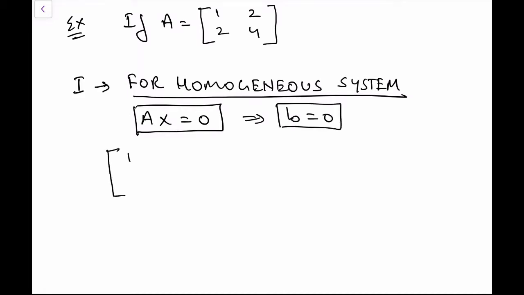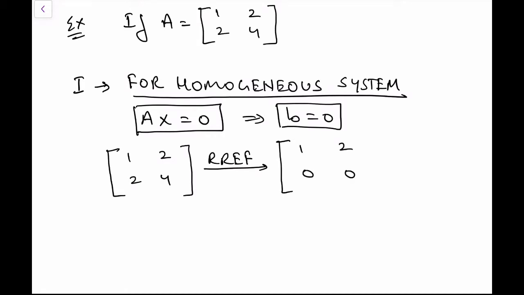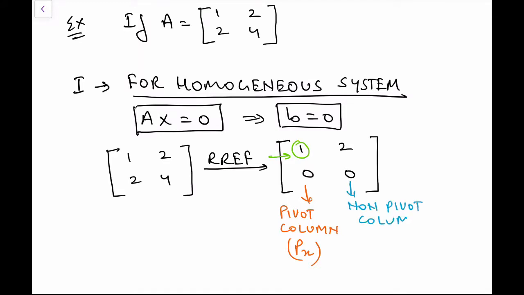So the matrix A in RREF will be [1 2; 0 0], and the leading entry for row 1 is 1, so this is the pivot, and the pivot is the only non-zero entry in the first column, so the first column is a pivot column and the second column is a non-pivot column.